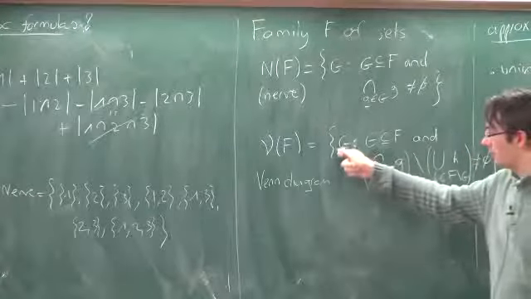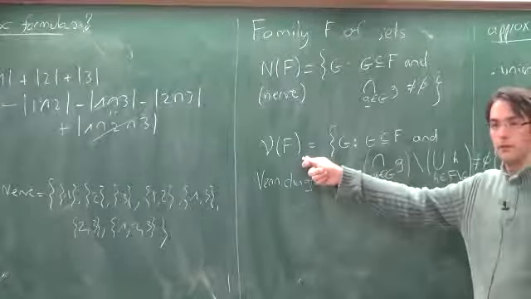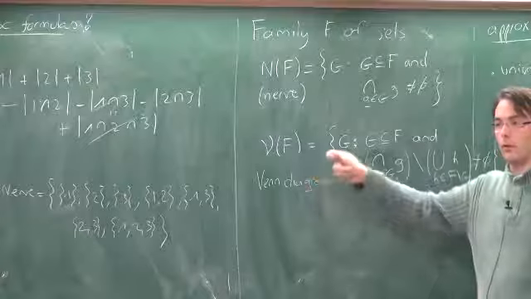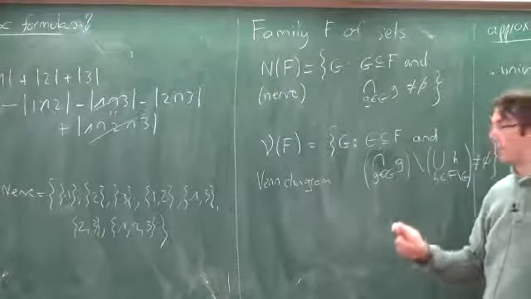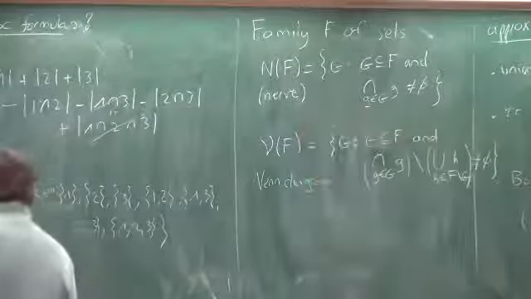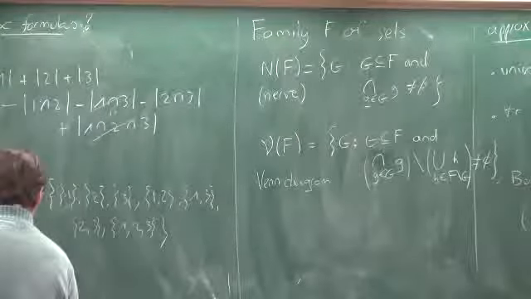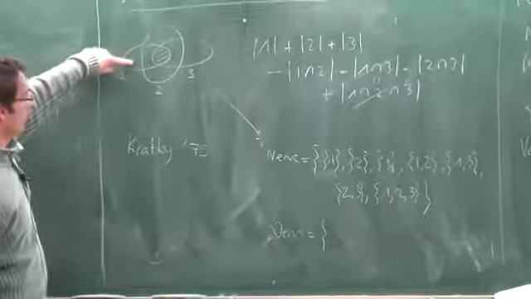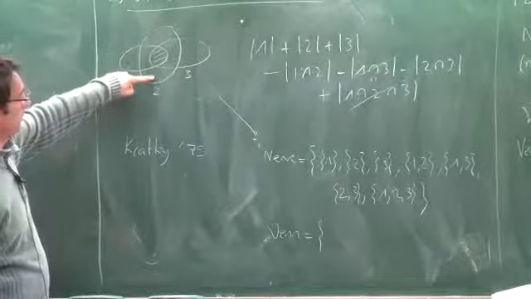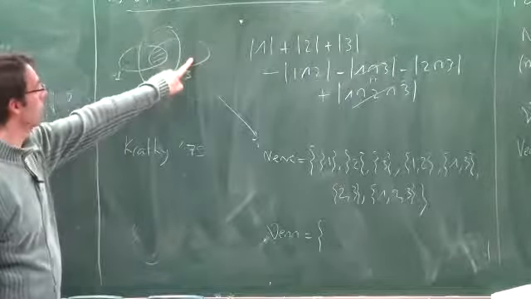So a family G is in the Venn diagram if there is some element that belongs to all the members in G and nobody else. And so here the Venn diagram, well, this is in 1 and nobody else, so I get 1. This is in 2 and nobody else, this is in 3 and nobody else.